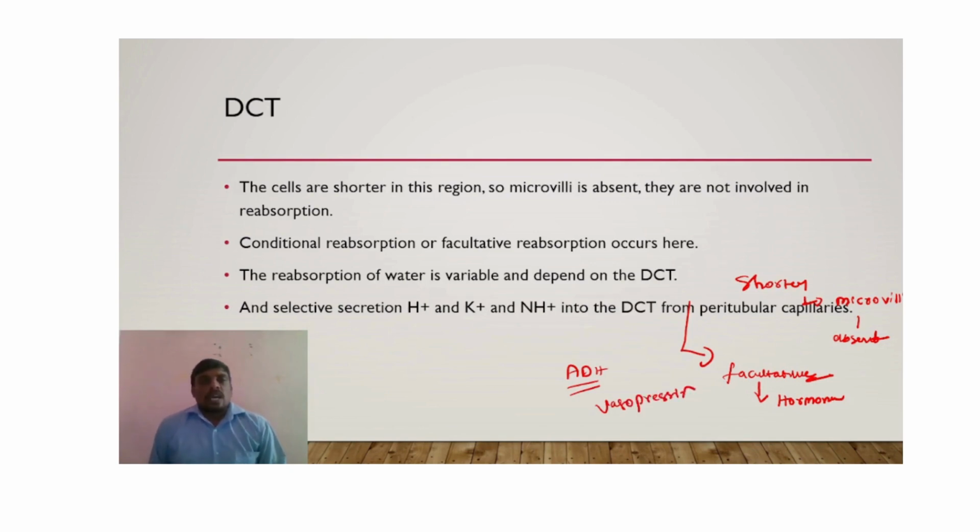This helps reabsorption of water in this segment. Also, selective secretion of hydrogen ions, K plus ions and NH4 plus ions into the DCT from peritubular capillaries occurs in this region.